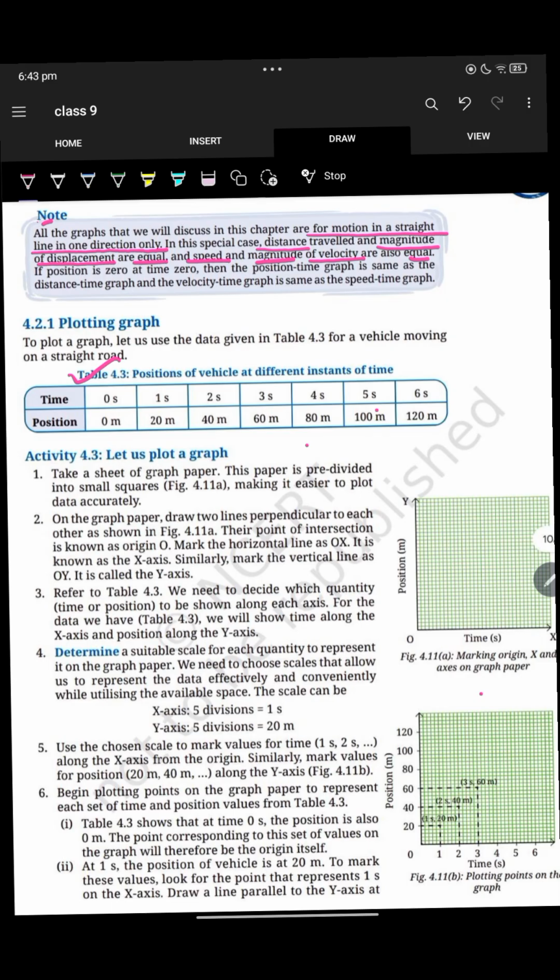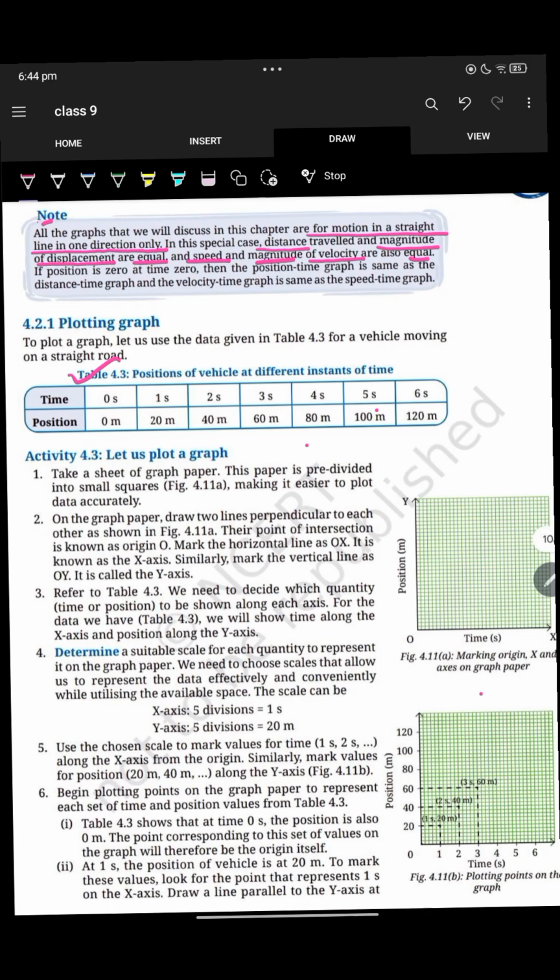Now about speed. We know speed is equal to distance by time, and it gives the magnitude of speed. But regarding velocity, we have to see the direction. So instead of distance, we consider displacement by time. Velocity is numerically equal to speed here, but there will be cases where velocity may be different from speed, not always the same.